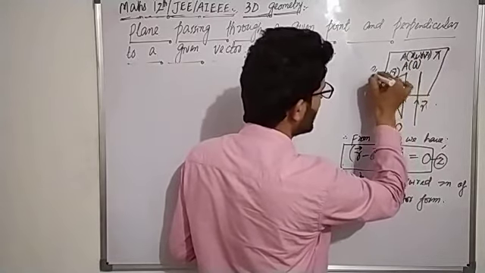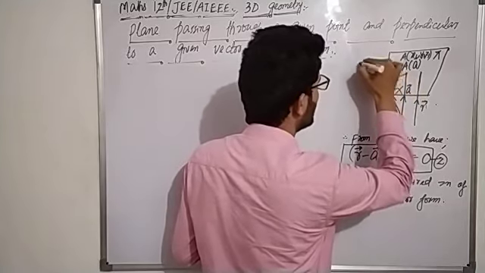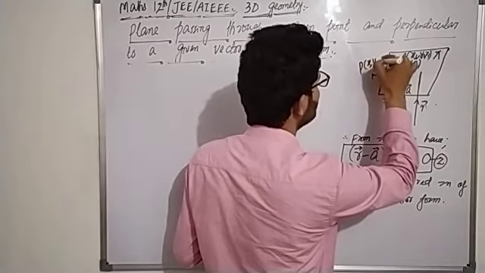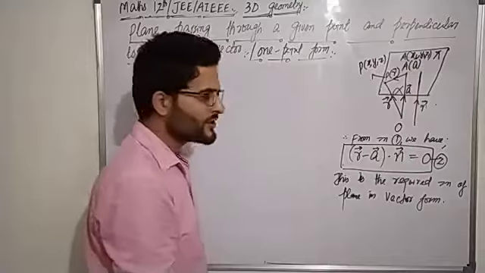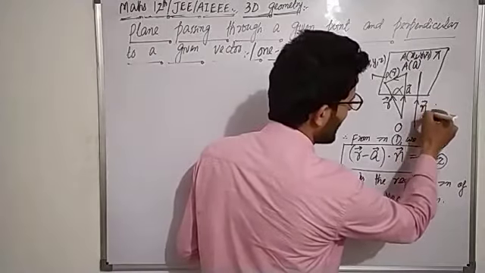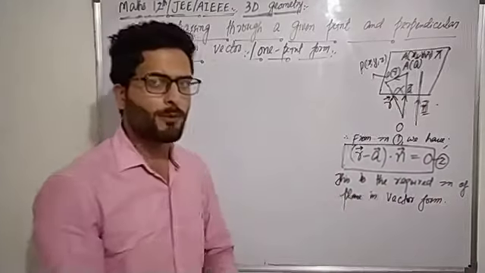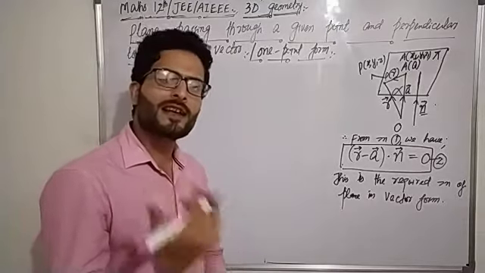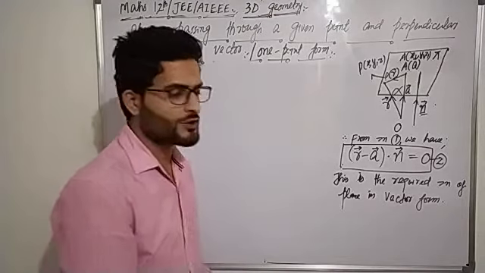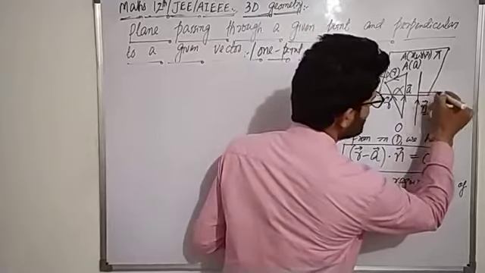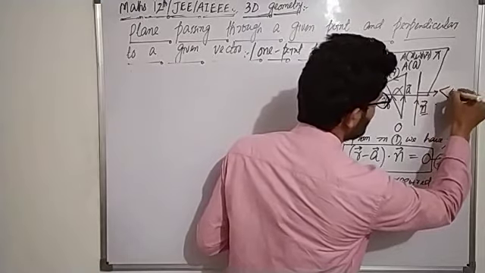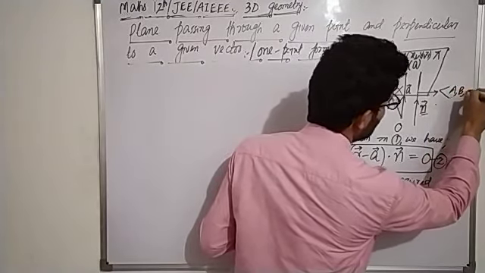You have an unknown point P, whose unknown coordinates will be, let that be, x, y, z, right? And you have a vector n vector, whose scalar components are also its direction ratios. Means its direction ratios are, suppose, the ordered three tuple A, B, C.